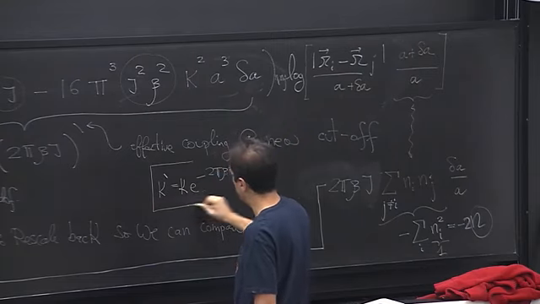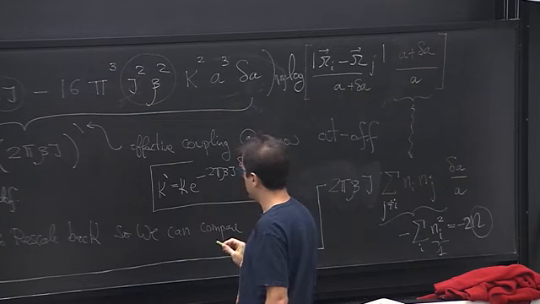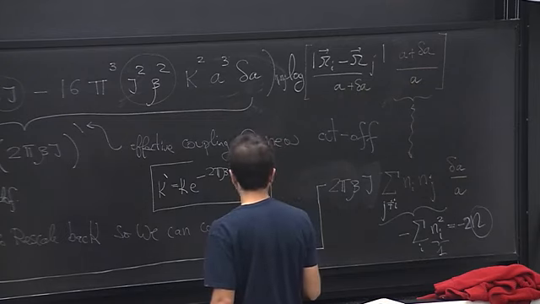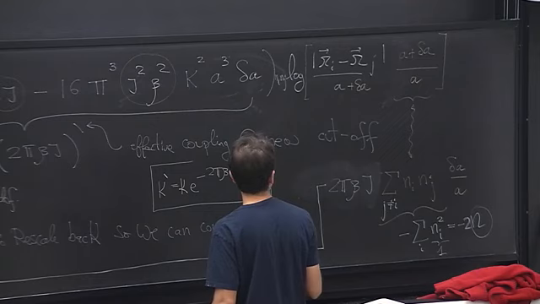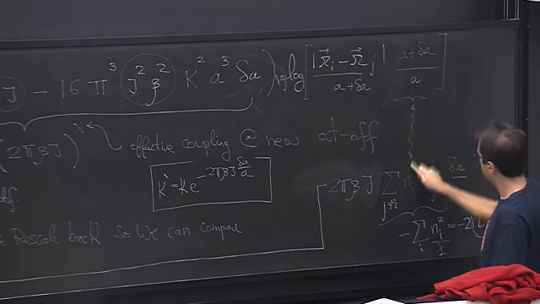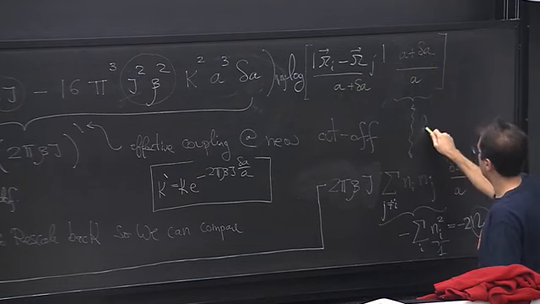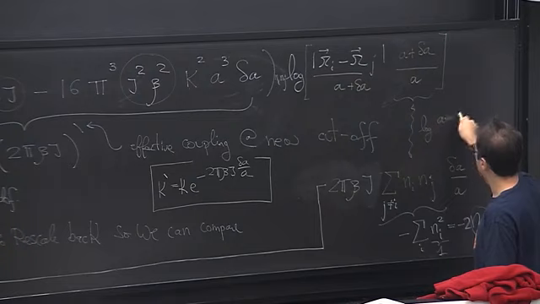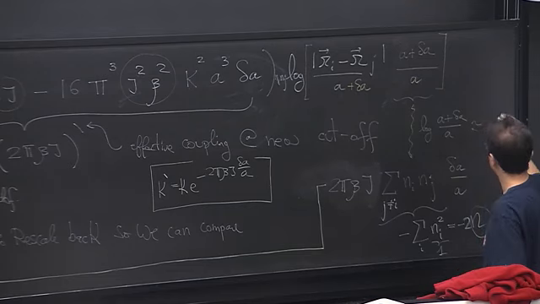So this you would be happy with, right? Wait, is there not a log there though? What log? You mean this log here? Yeah. No, but when I did this, it's the fact that log of a plus delta a over a is delta a over a.